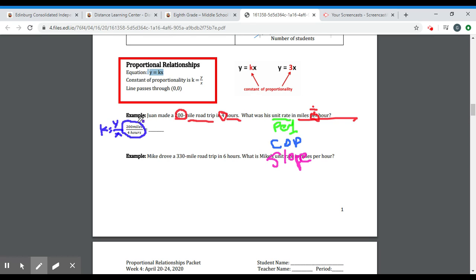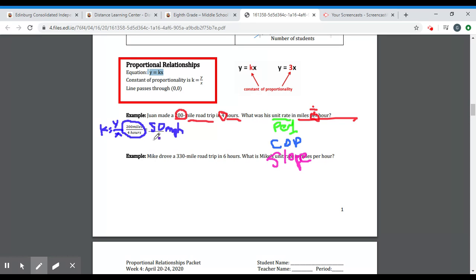So when we do 200 divided by 4, what do we get? Put it in your calculators. Right, we're going to get 50 miles per hour.